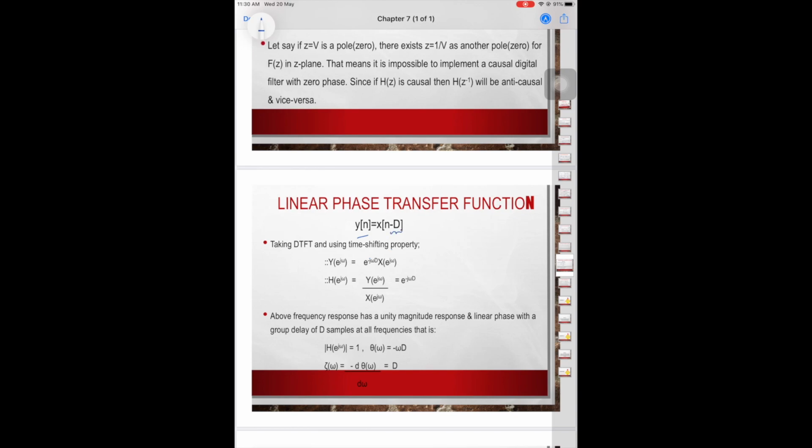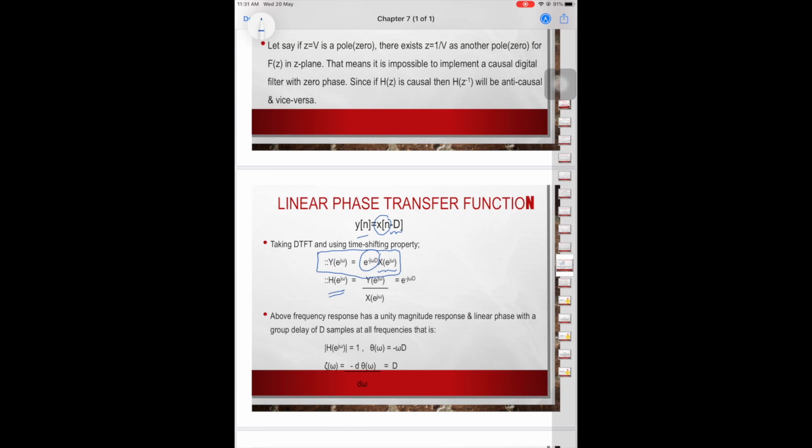The DTFT of the delay gives e^(-jωd) times x[n], and the DTFT of x[n] is X(e^jω). By seeing this, we can determine our H. So H(e^jω) is equal to Y over X. Basically, after we bring down X, you just have e^(-jωd).